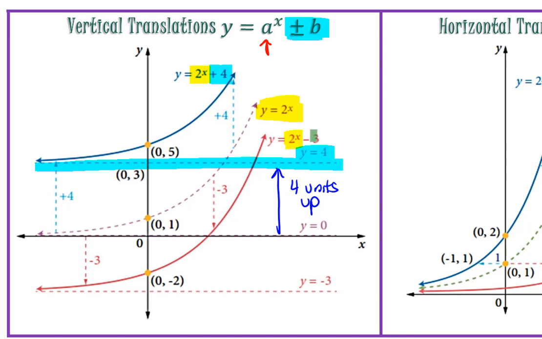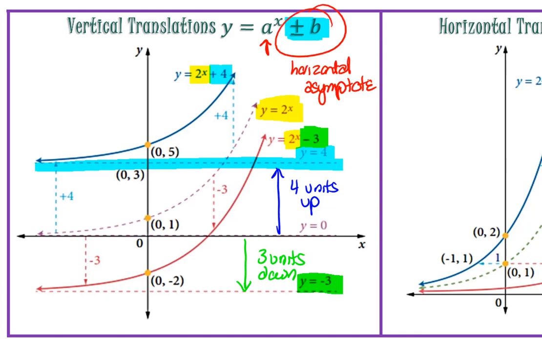If instead I translate down, and you can see this minus 3 here, that means I'm moving my whole graph down 3 units. So 3 units down, and you can see my horizontal asymptote is now y equals negative 3. So the key point is that plus or minus b is our horizontal asymptote.